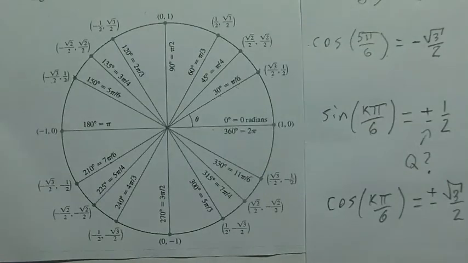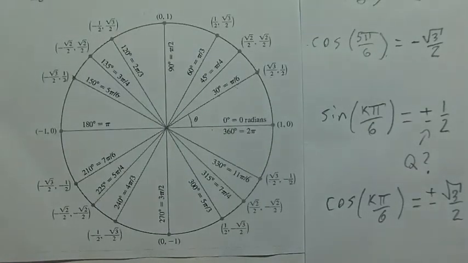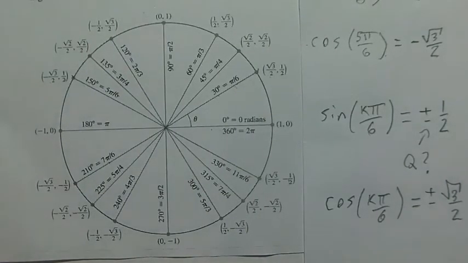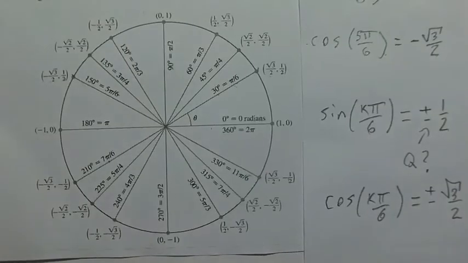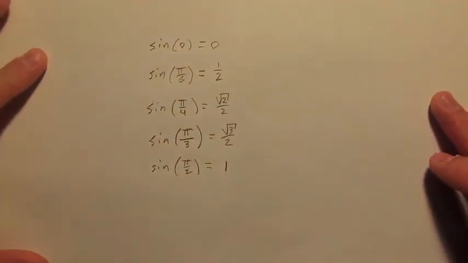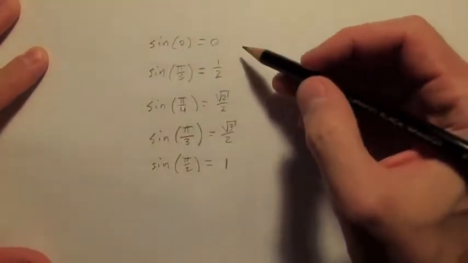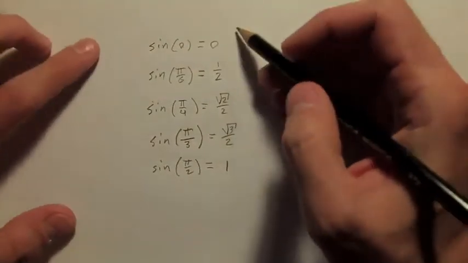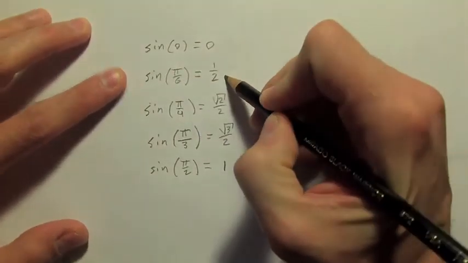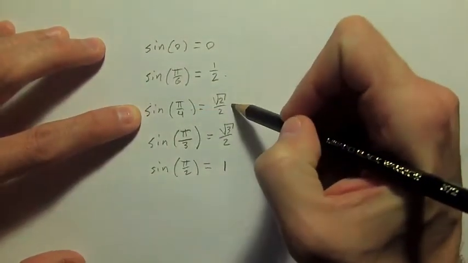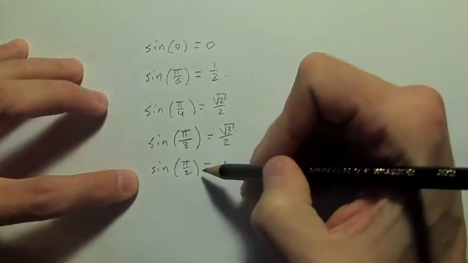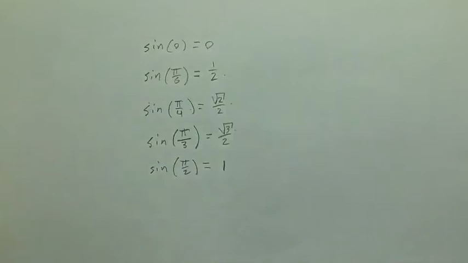Now, from here, there's one more thing that really helps us out, and that is the following pattern. Here are the quadrant 1 values of sine. At 0, sine is 0. At pi over 6, we get 1/2. Pi over 4, we get square root of 2 over 2. Pi over 3, we get square root of 3 over 2. And pi over 2, we get 1.